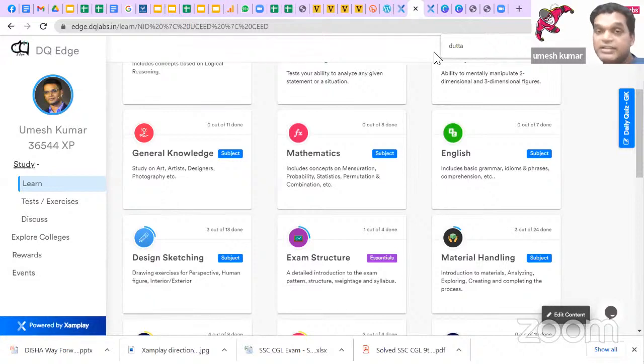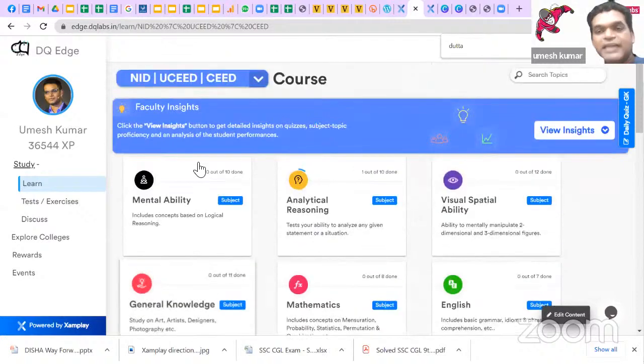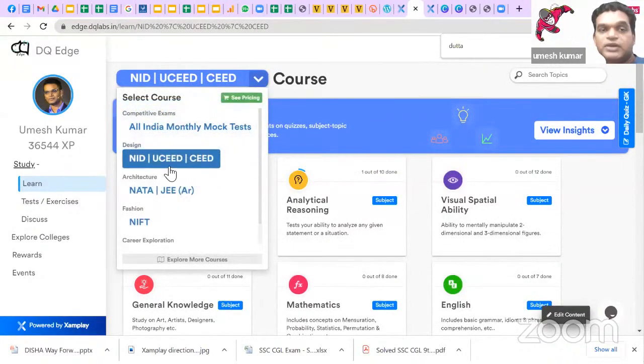It is easily possible if you do every exercise that is listed on DQH, in the learn part, take the tests and exercises, and also do the All India mock test. That itself is great practice for you. Do it at least twice or thrice, then you will be in a great position and you will get a very good score.